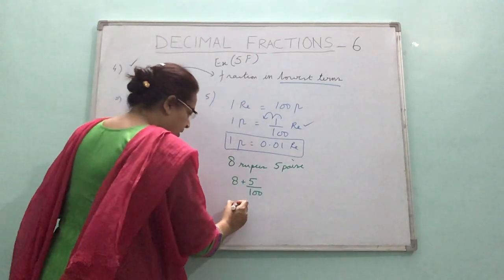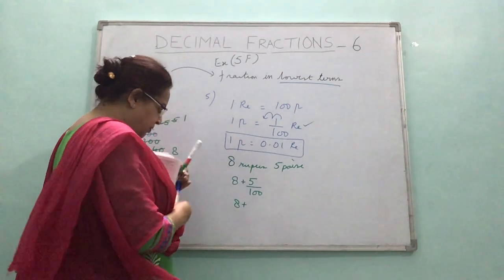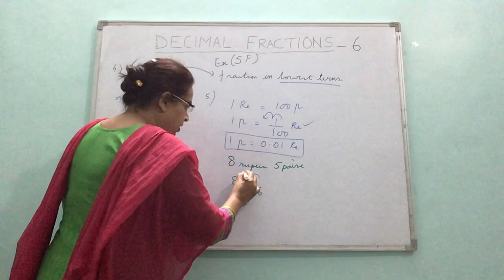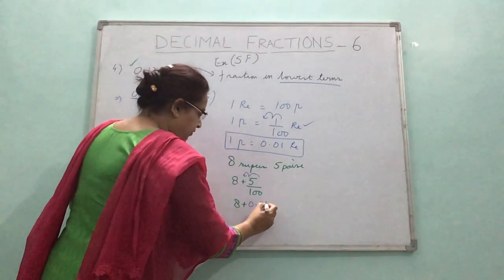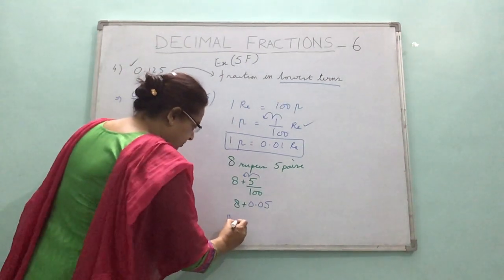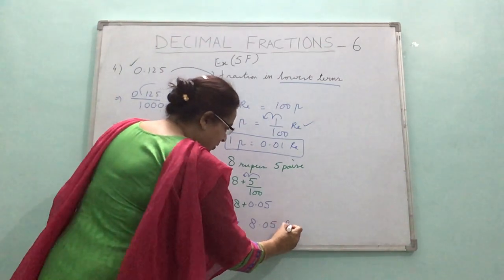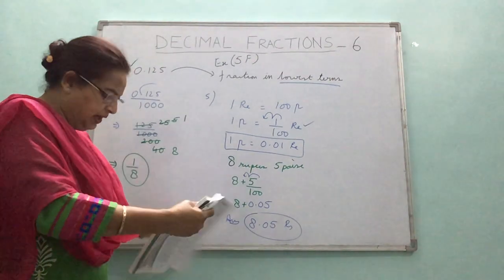Right? Now divided by 100 means, remember, 2 zeros in the denominator. So 2 places, 1, 2. So it would be 0.05. See, it is 0.05. Well, what is your answer? 8.05 rupees. It is 8.05 rupees.